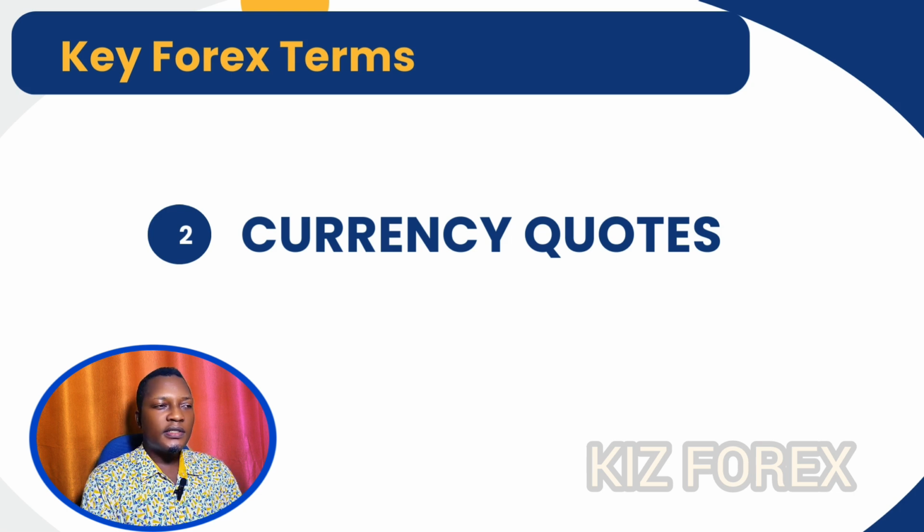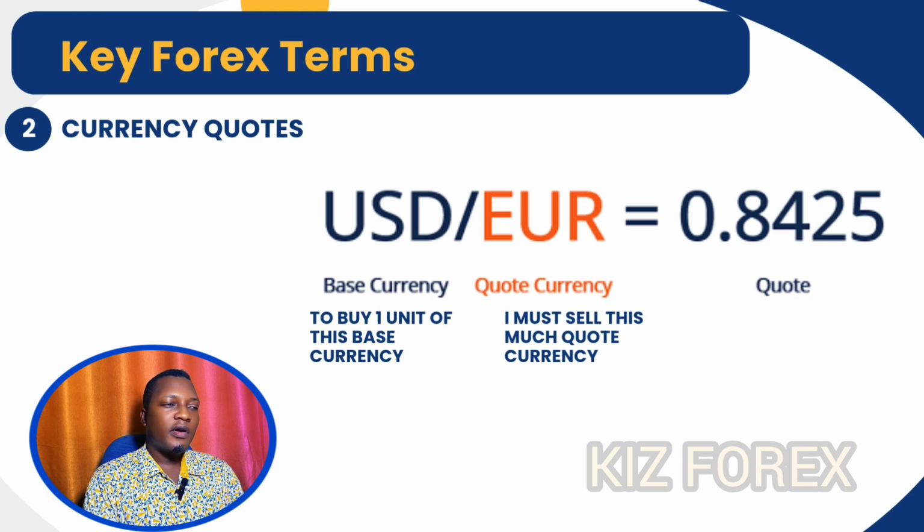Now, a currency quote is the price of a currency expressed in terms of the other. It shows the amount that is needed to buy the other currency. As you can see in this graphical representation, this is a currency quote. We have the USD Euro, which is quoted at 0.8425.